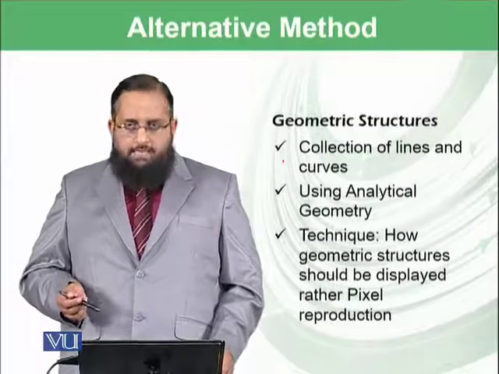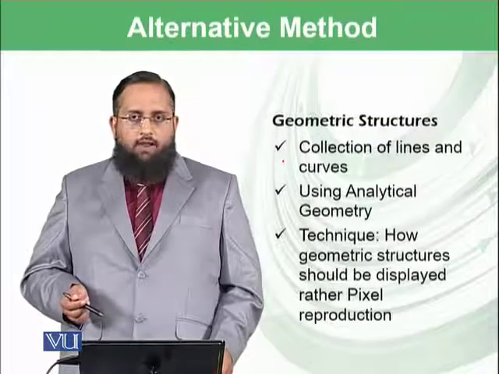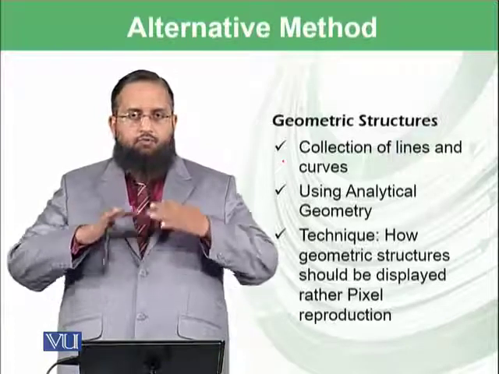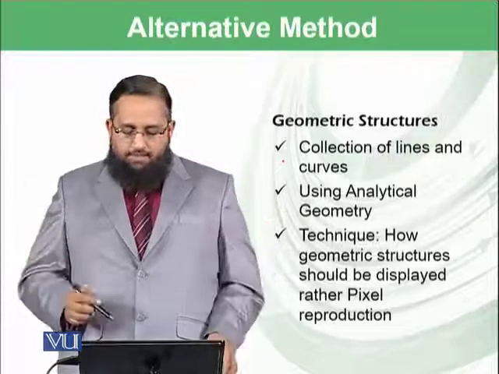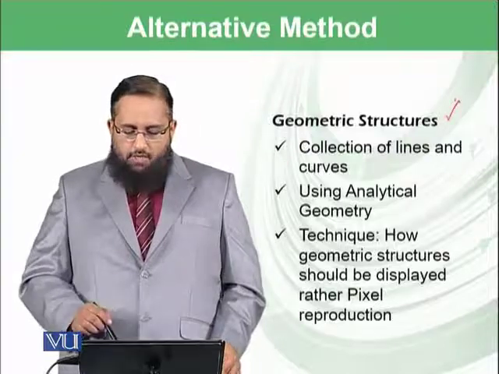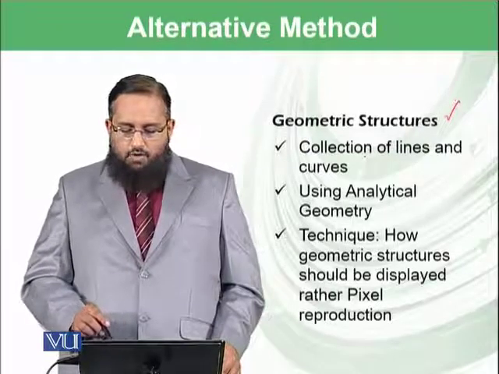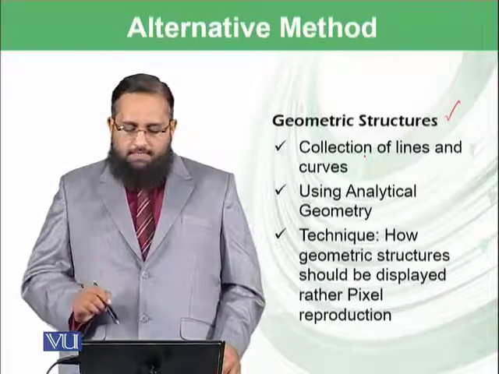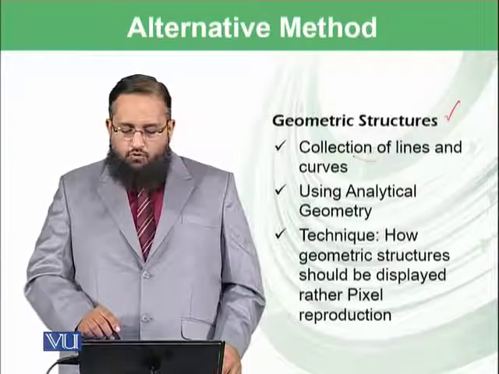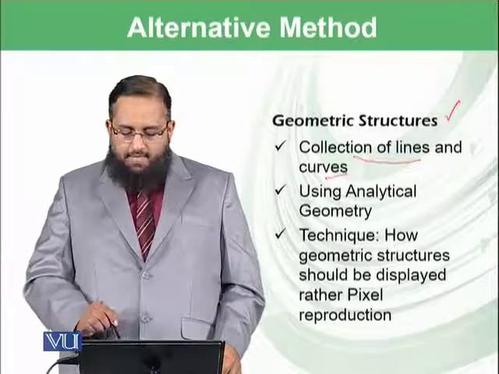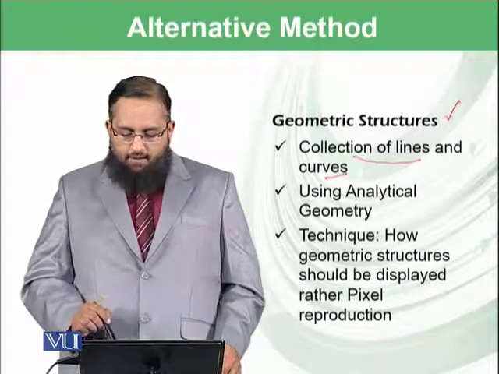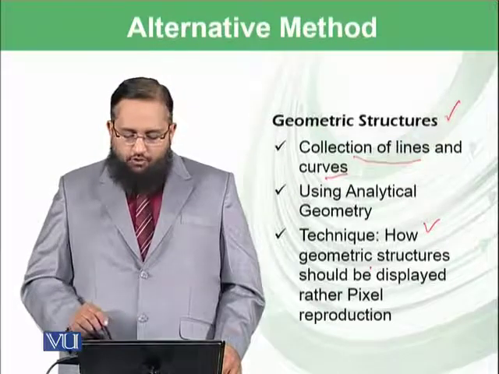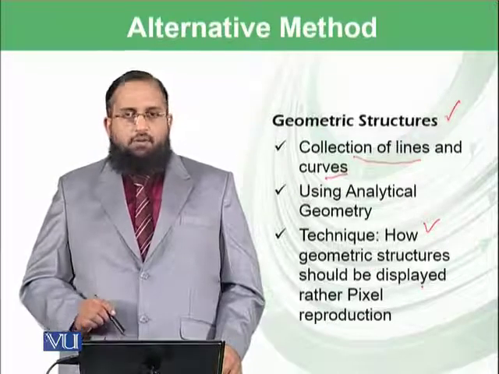There is another method to avoid this problem of enlarging small images, that is geometric structures. They say that we should not store the bitmap or the pixel values. We should use a collection of lines and curves, using analytical geometry, and see how geometrical structures should be displayed rather than pixel reproduction.